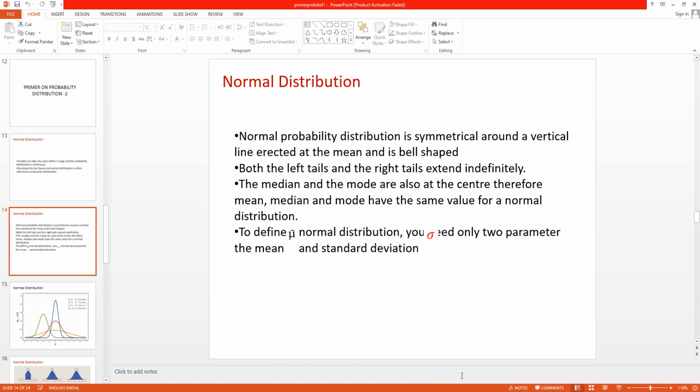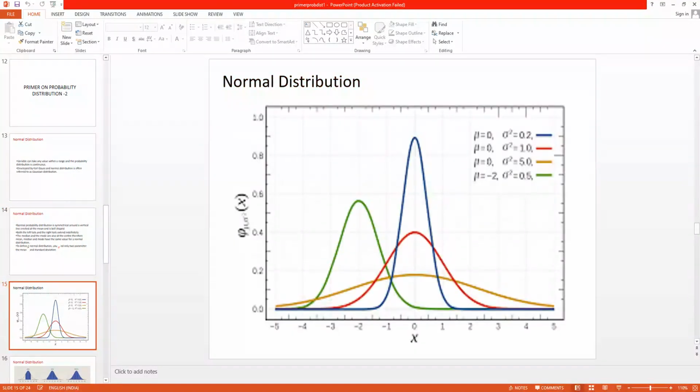So for a normal distribution, the mean, median, and mode have the same value. The mean is denoted by mu, and standard deviation is denoted by sigma, the Greek letters for the two parameters which define a normal distribution.